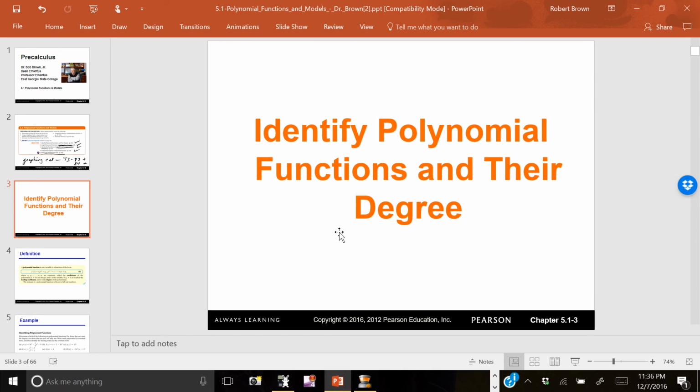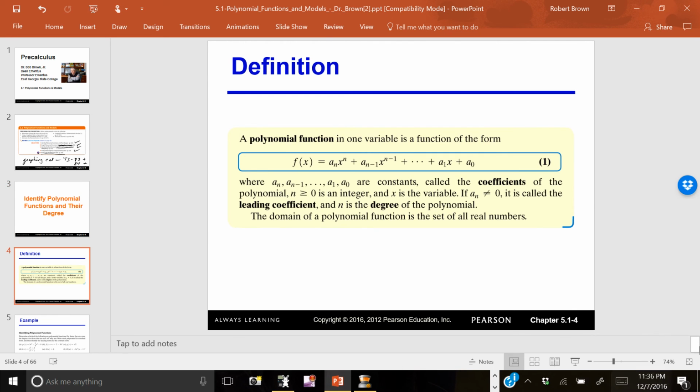So first of all, identifying polynomial functions and their degree. I'm sure you've seen this before. Here's a general form of a polynomial function. f of x equals a sub n x to the n plus a sub n minus 1 x to the n minus 1, all the way down to a constant term, a sub 0.